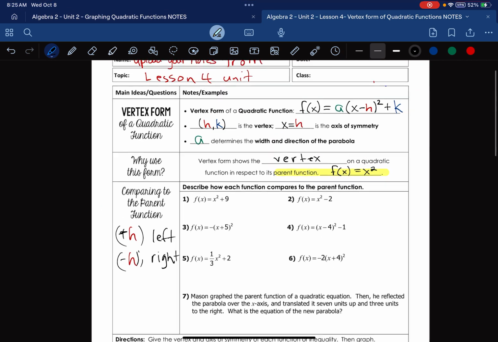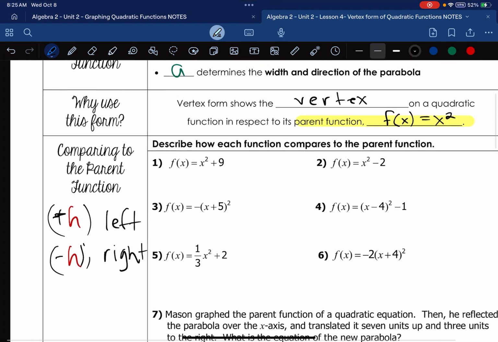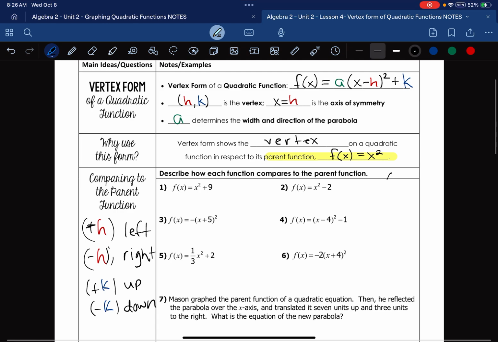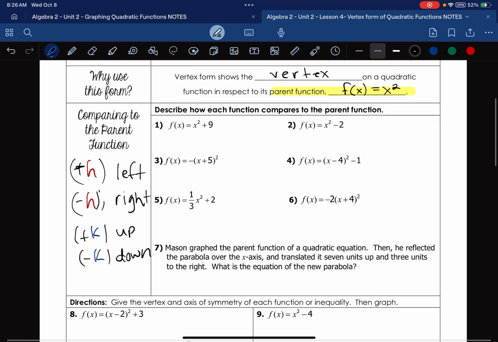Next, let's talk about k. K is on the outside of the function. So when I have a positive k versus a negative k, I colored in blue. Positive is up and negative is down. And remember, a is that scaling factor.